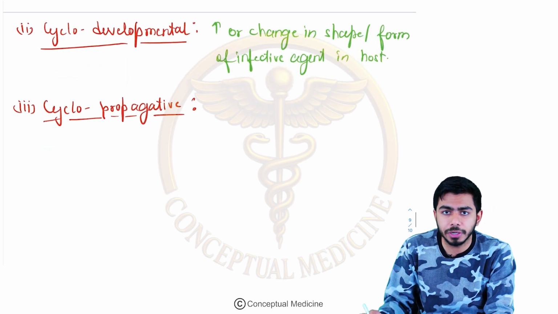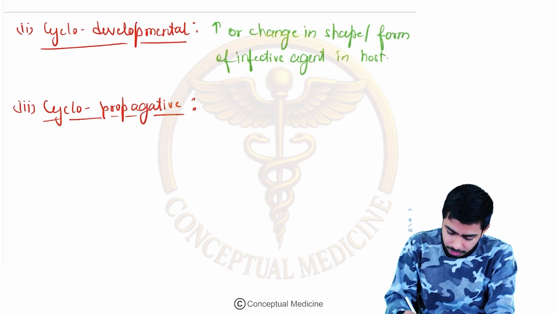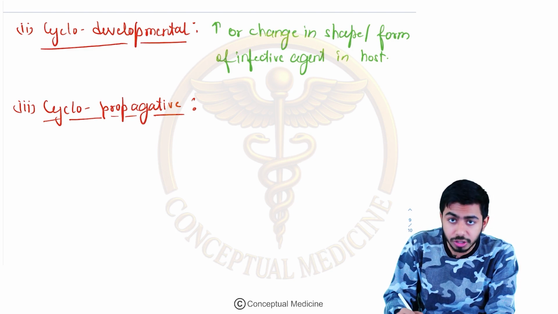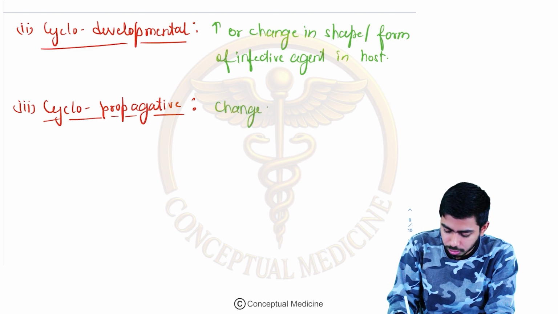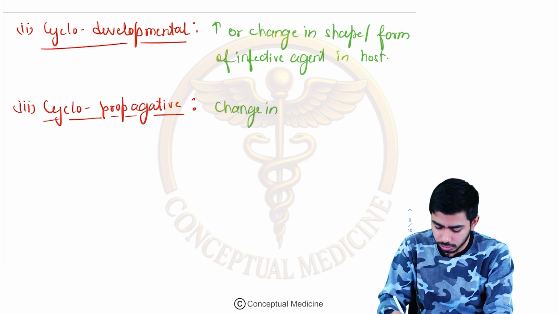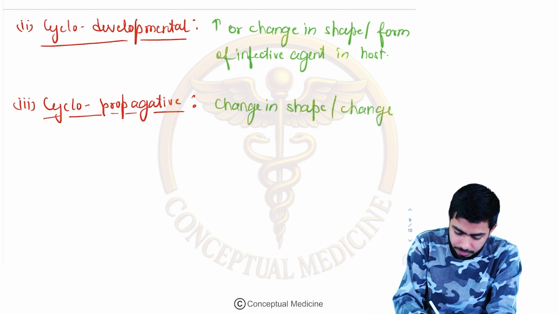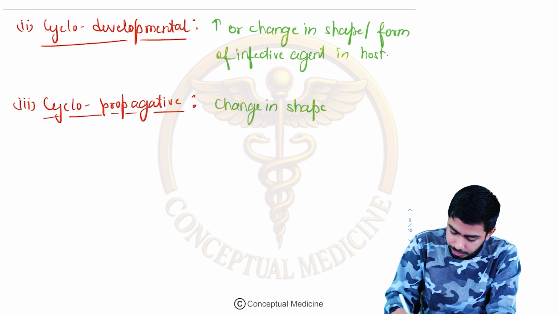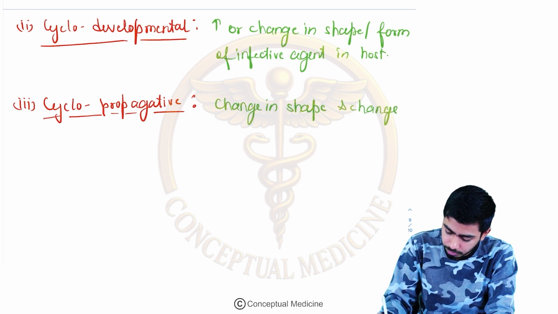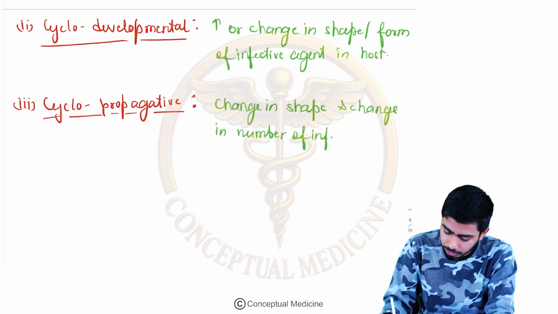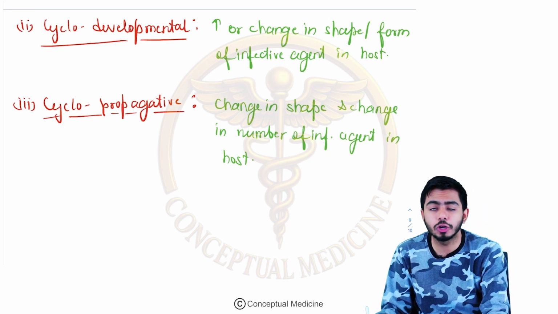And the cyclopropagative is a change in both: change in shape and change in number of the infective agent in a host. That will be the example of cyclopropagative type.